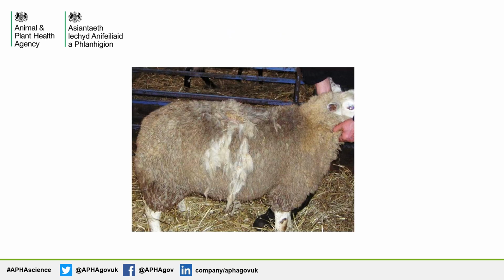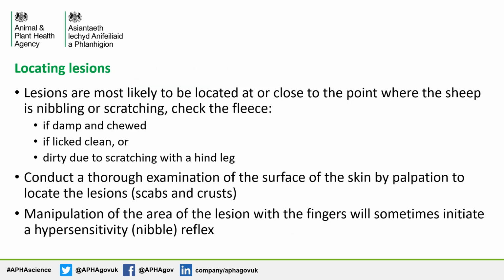An obvious area of wool loss can be seen here in the centre of the back on this sheep, with loose fleece hanging from the lesion. Once you have selected the most pruritic sheep to sample, you will need to locate the lesions to take the skin scrape samples from.